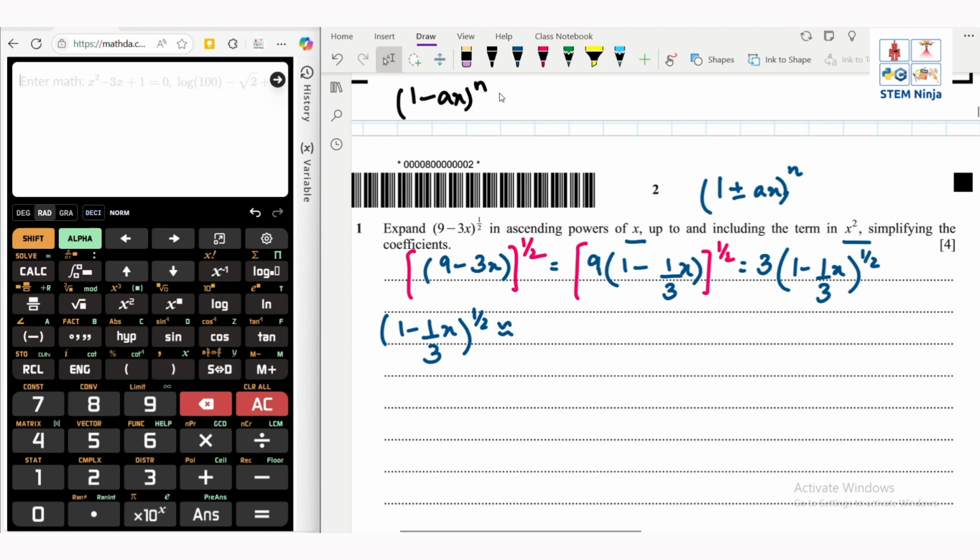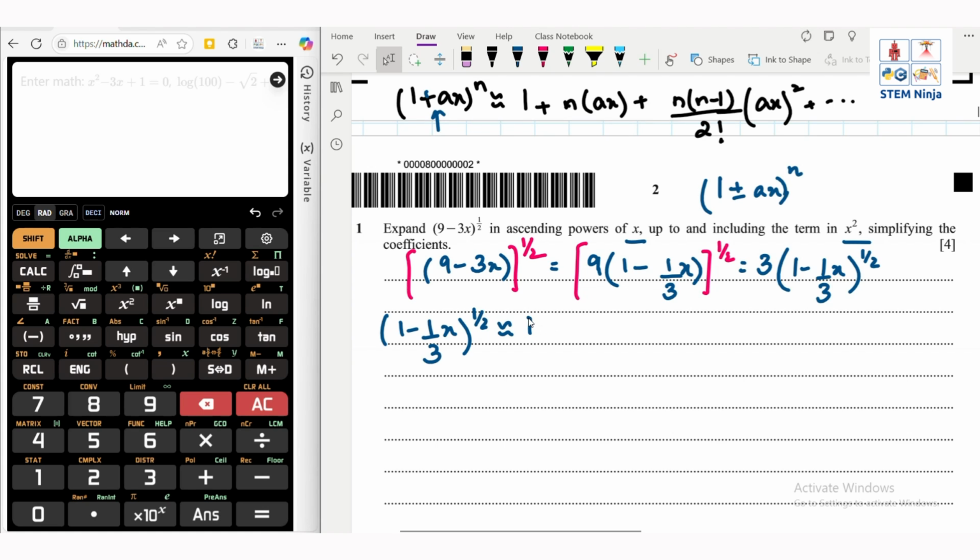So we have 1 plus n times ax plus n(n minus 1) over 2 factorial times (ax) whole squared, and so on. So that's what we need. And also, I deliberately changed the sign over here. So in the expansion, the minus 1 over 3x will come.